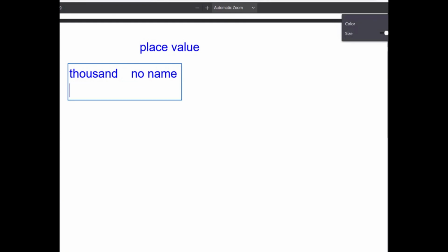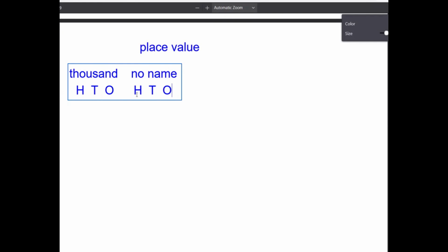Each of these groups has hundreds, tens, and ones. The other group also has hundreds, tens, and ones.